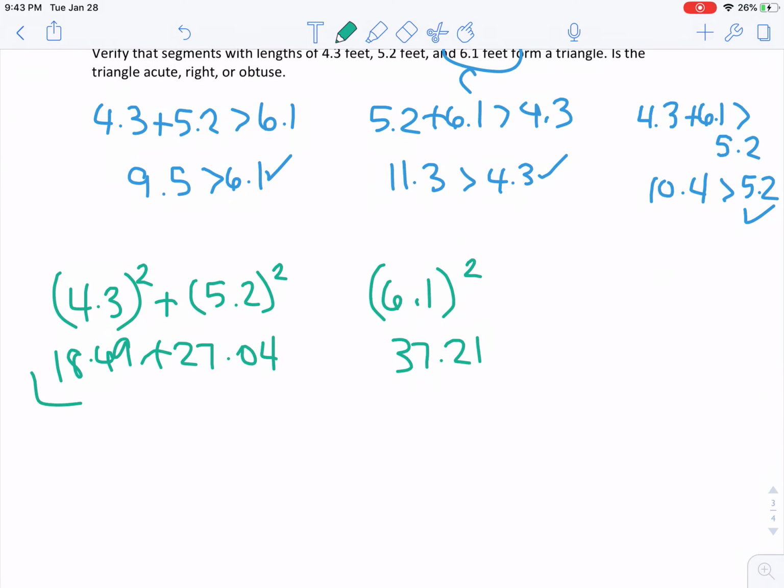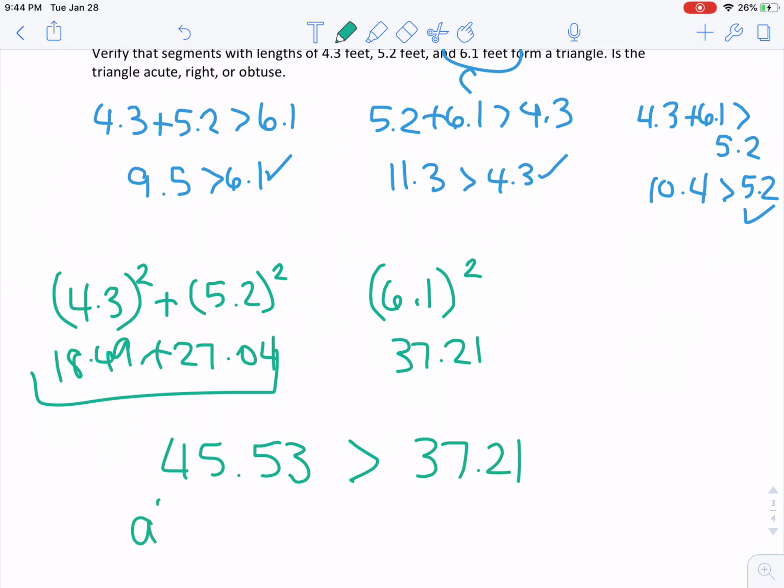So then I have to go over here and add these two together. 18.49 plus 27.04 gives me 45.53, and that is bigger than 37.21.